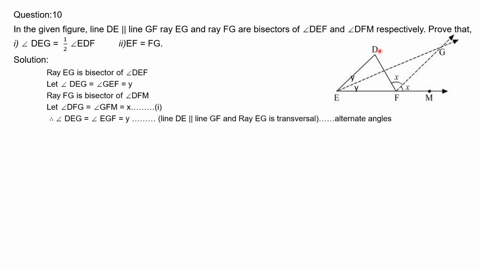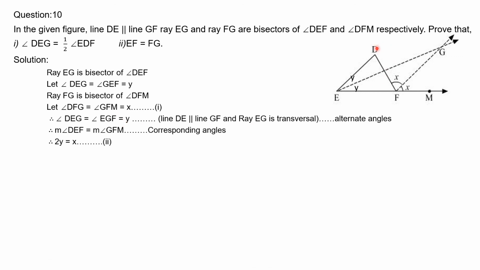Therefore, angle DEG is equal to angle EGF, because line DE is parallel to line GF and EG is their transversal. So both are alternate angles. So angle DEG is equal to angle EGF is equal to y.